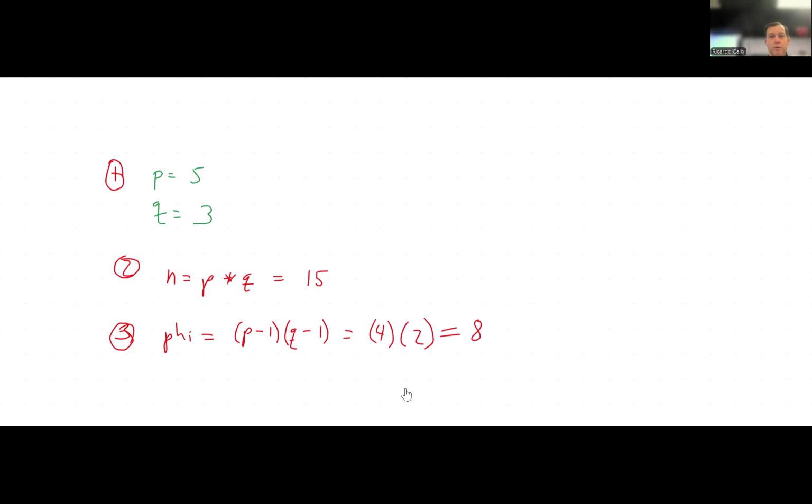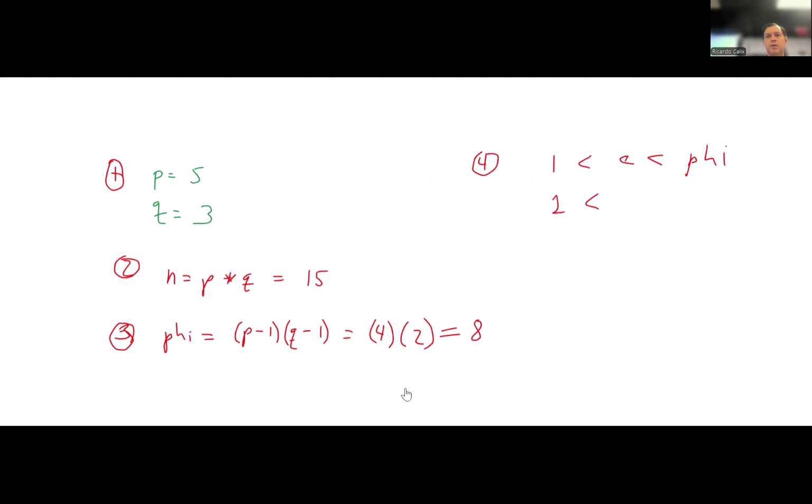Now, let's just take a simple example here. Step 4, we need to pick a value that meets something called the GCD condition, which we will look at in a while, and that is also between 1 and phi. So basically 1 and 8 in this case.